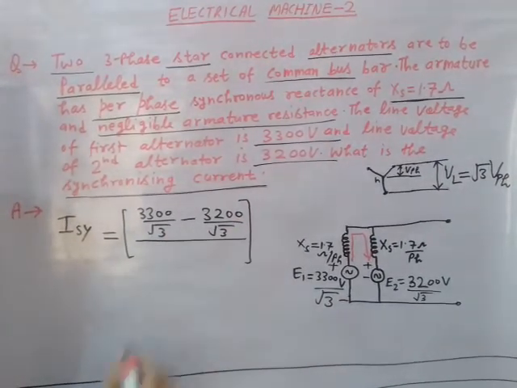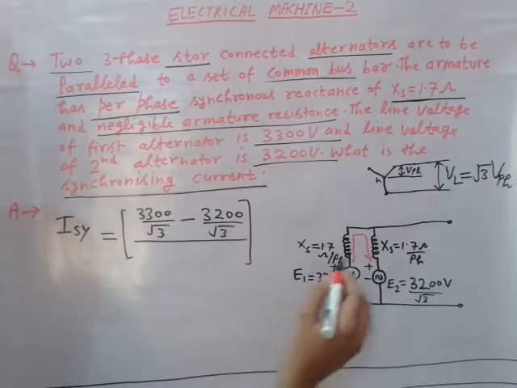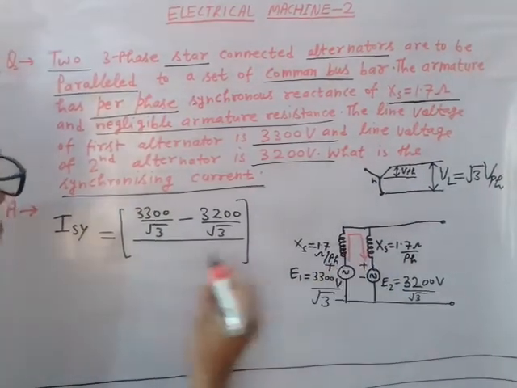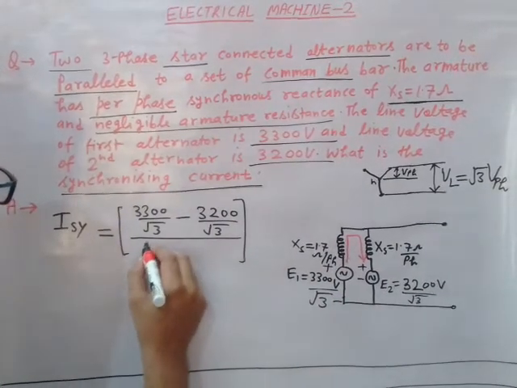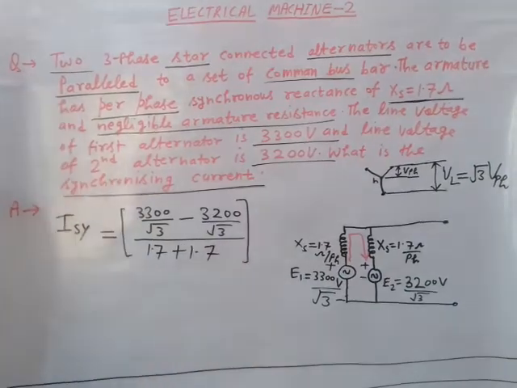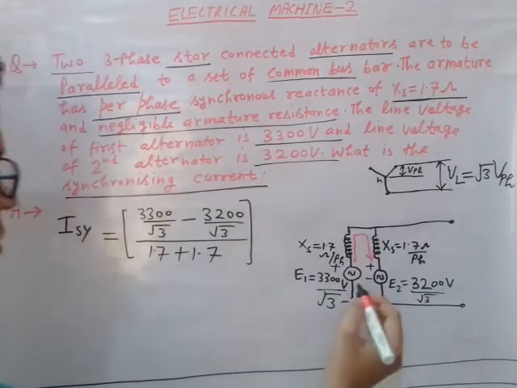These are the per phase voltages, and there are two reactances, 1.7 ohm plus 1.7 ohm.